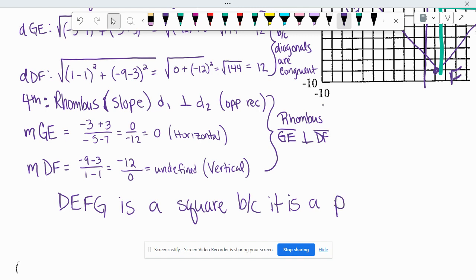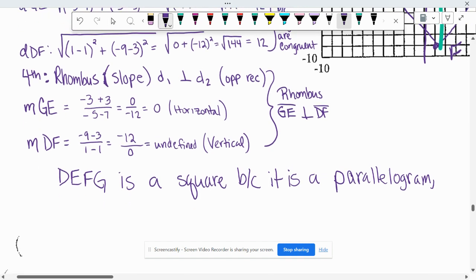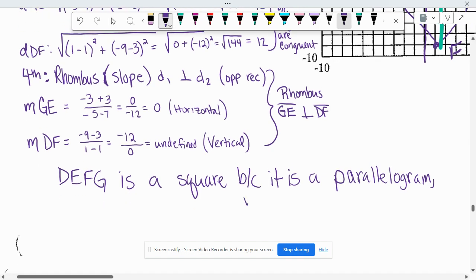What do we show first? First, we showed that it's a parallelogram. And what else did we show that it was? Then we showed it's a rectangle. And lastly, we showed it's a rhombus.